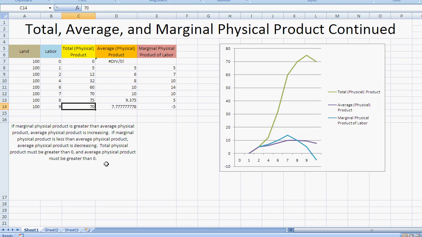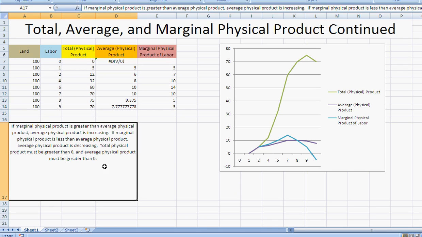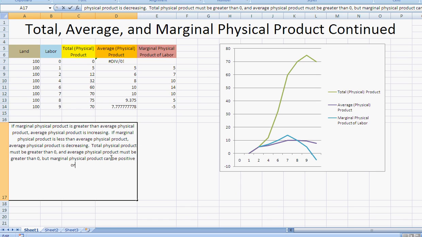So total physical product and average physical product must be greater than 0, but marginal physical product can be positive or negative. And then finally, if marginal physical product is positive, total product is increasing, because we're still going up.